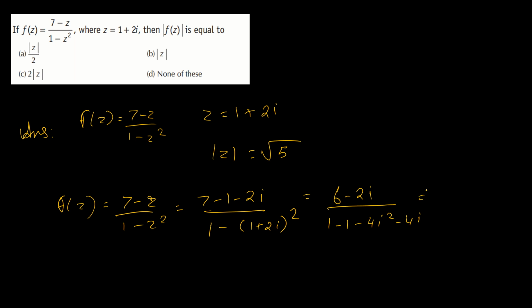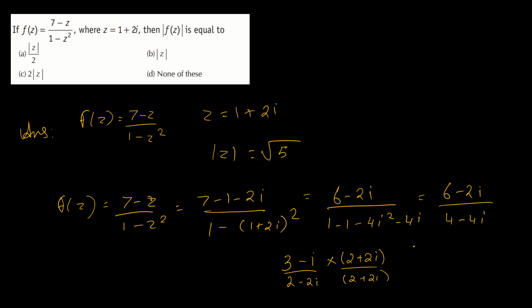After further substitution we get (6 minus 2i) divided by (4 minus 4i). Taking 2 common, we get (3 minus i) by (2 minus 2i). Let's take the conjugate and multiply, that is 2 plus 2i from here, and also 2 plus 2i from here.